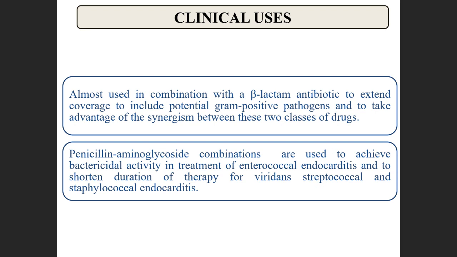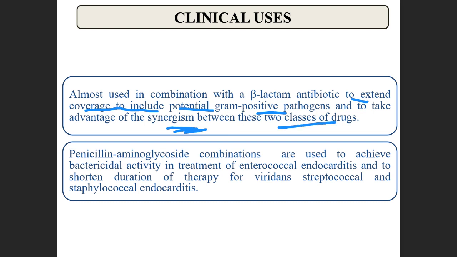And what are the clinical uses? This aminoglycoside is almost always used in combination with a beta-lactam antibiotic. Why are we adding beta-lactam antibiotics? To extend the coverage to gram-positive pathogens, and to take advantage of the synergism between these two classes of drugs.